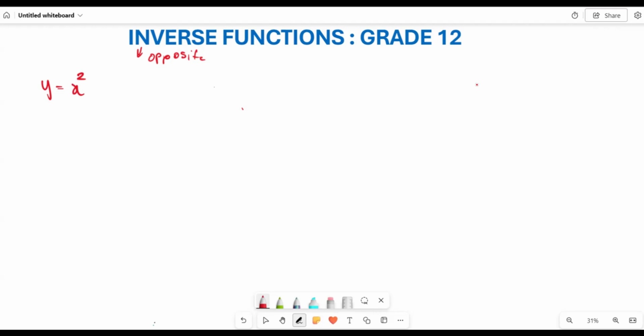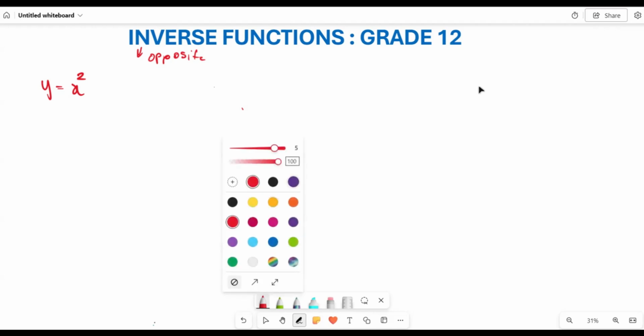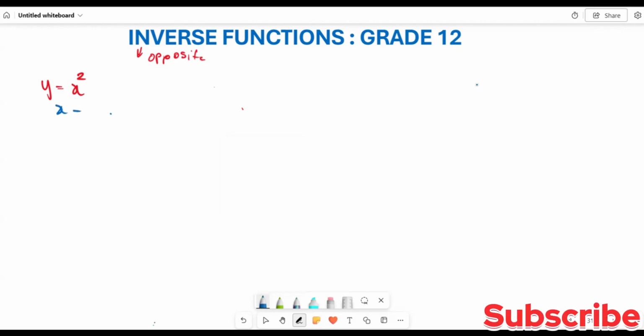And just like what we discussed previously, this particular function also has its own inverse. How do we find an inverse from this function? Remember, an inverse is where you switch your x to be your y and your y to be your x. We fine, right?